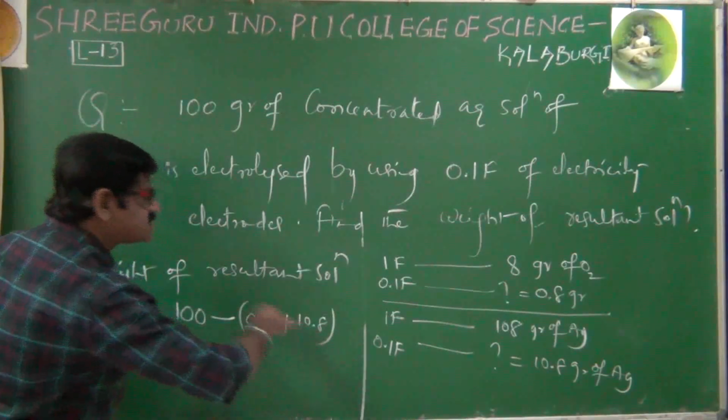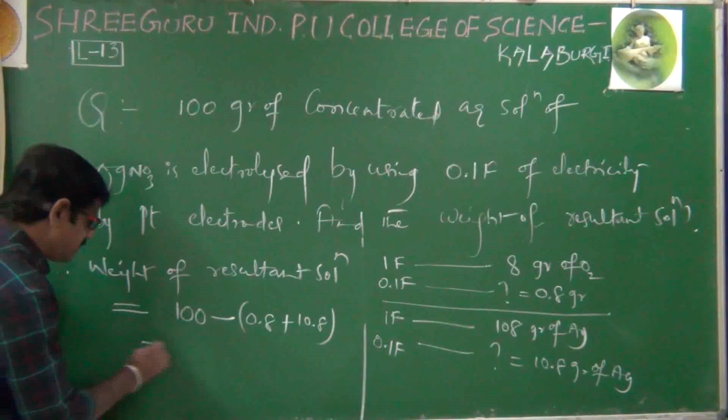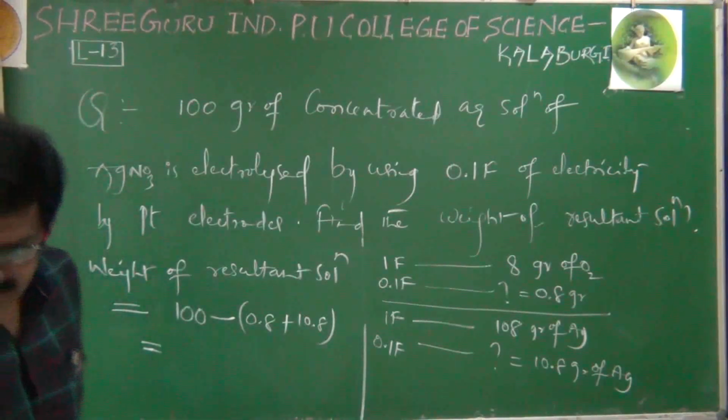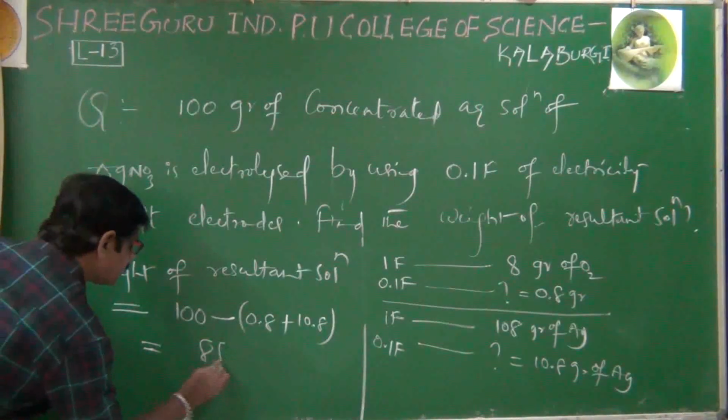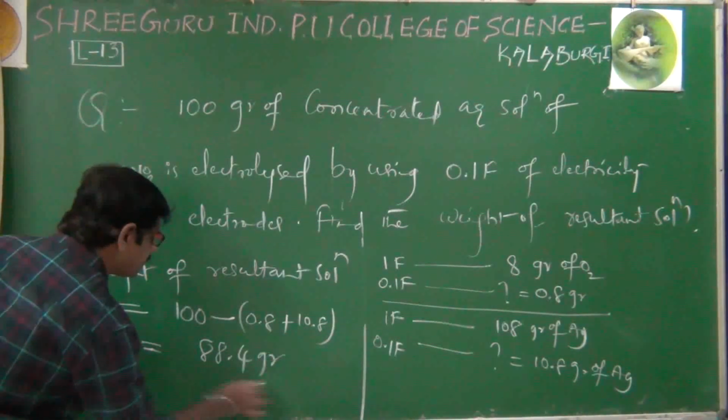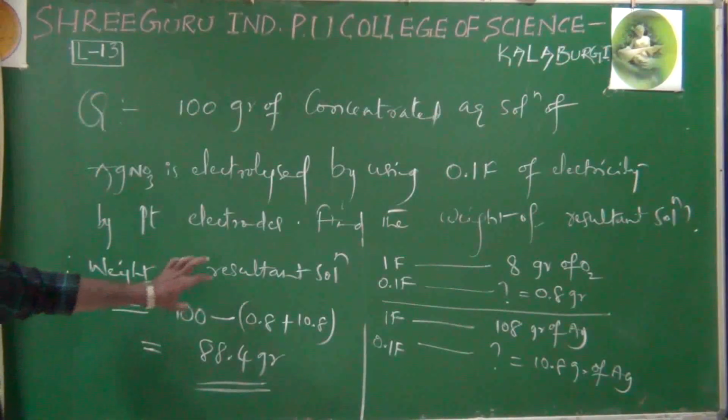First we have to add these two values, then subtract from 100, and the obtained value is 88.4 grams. 88.4 grams is the resultant amount.